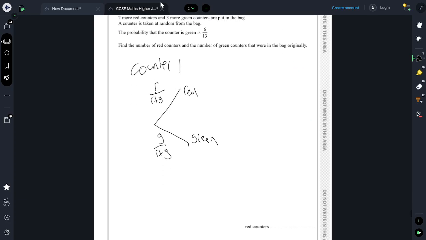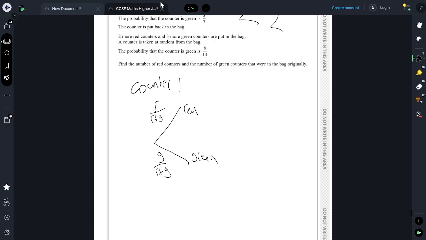It also tells us the probability the counter is green here is 3/7. So this means G over R plus G is 3/7. There's not much we can do here because there are two variables. You can't just solve for one of them. So we're going to leave that there. We're going to need something else probably.